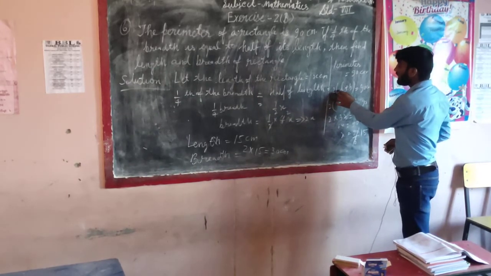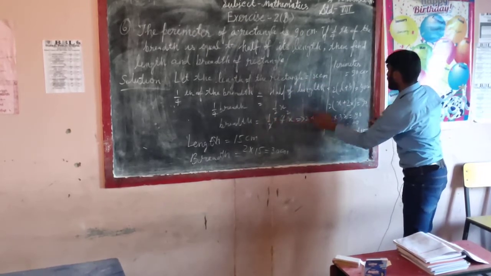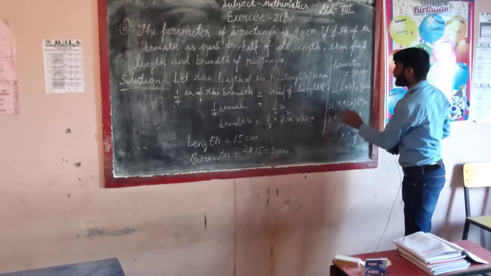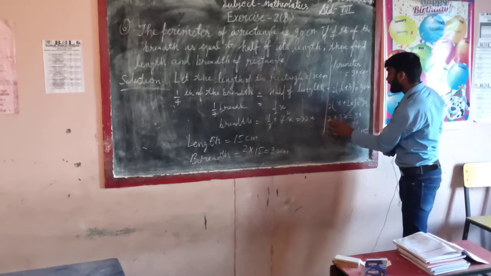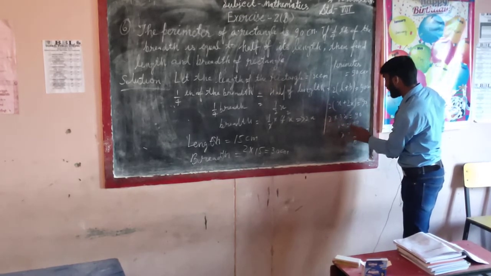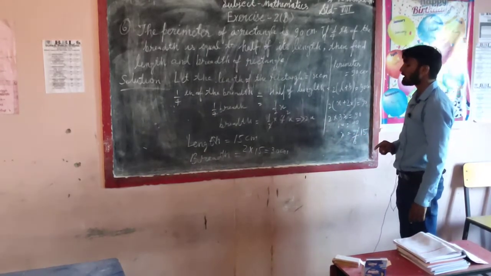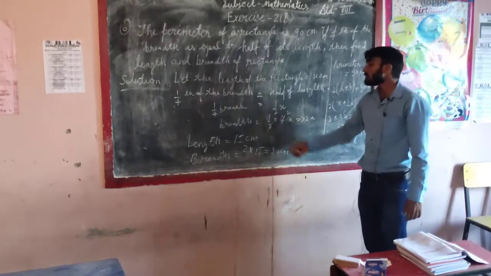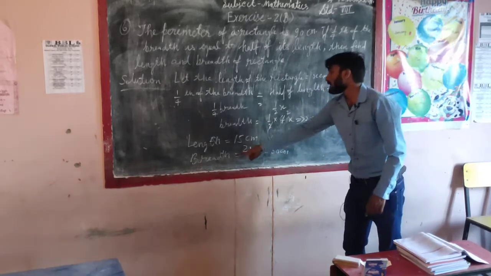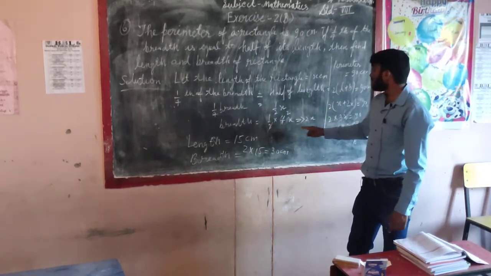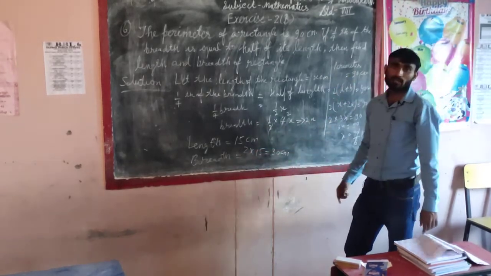Length is x centimeter and breadth is 2x centimeter. x plus 2x is equal to 3x, into 2 is equal to 90. 6x is equal to 90. x will be 90 upon 6, which is 15. Length will be 15 centimeter and the breadth will be 2x, 2 into 15, which is 30 centimeter.